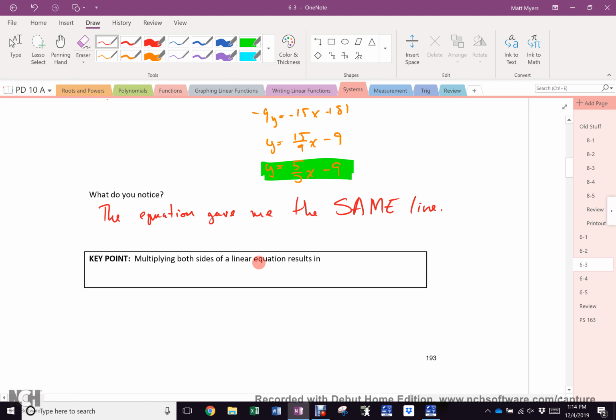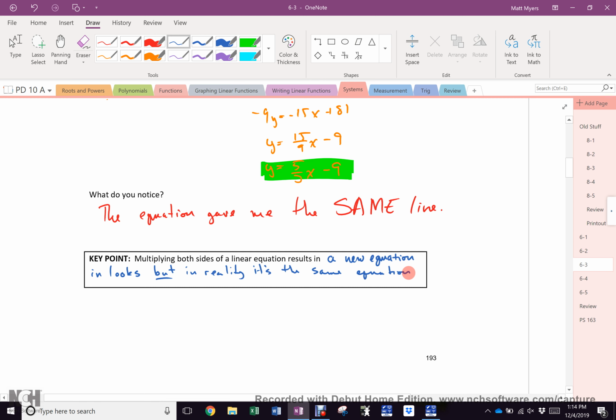Multiplying both sides of a linear equation results in what? It gives me a new equation, right? A new equation in looks, but what is it in reality? In reality, it's the same equation, right?